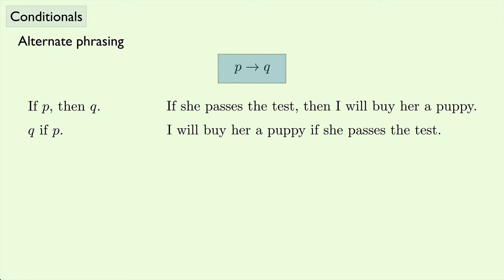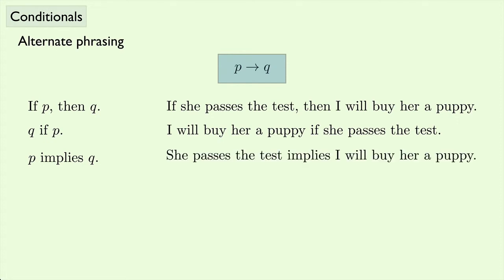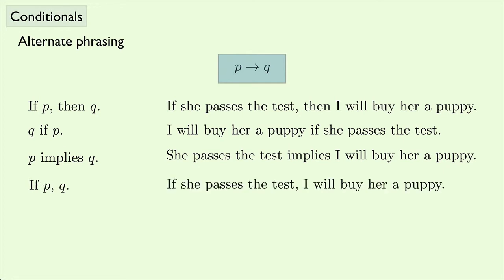That's the exact same thing as the line above, just written in a different way. Here's another way to say it: P implies Q. She passes the test implies I will buy her a puppy. Or we could say "if P, Q": if she passes the test, I will buy her a puppy.